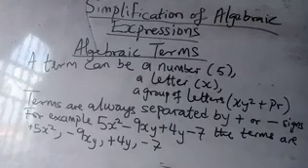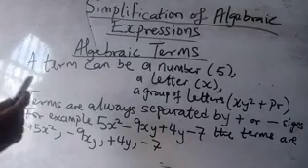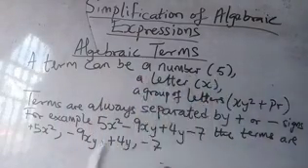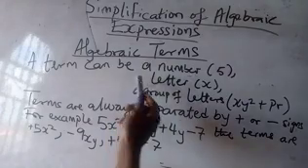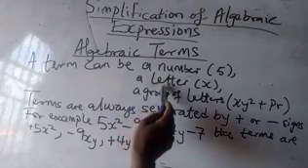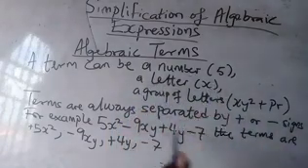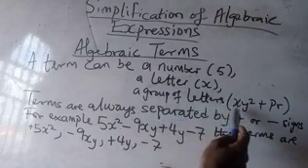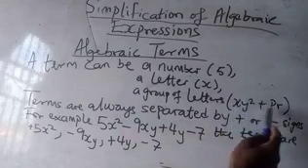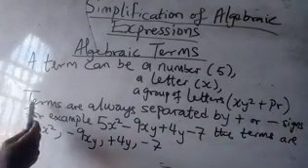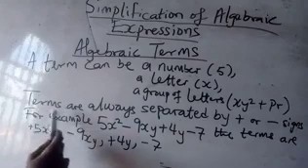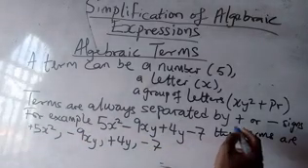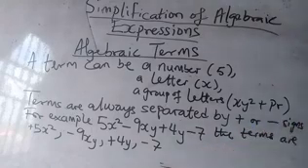Let's move on to algebraic terms. A term can be a number such as 5. A term can be a letter such as x, or a group of letters such as 5y squared plus pr. Take note, terms are always separated by plus sign or minus sign.